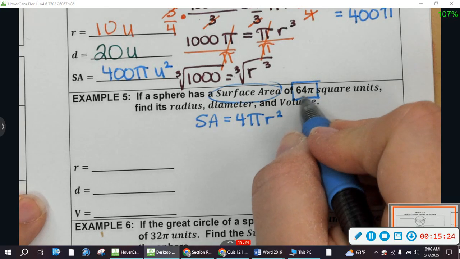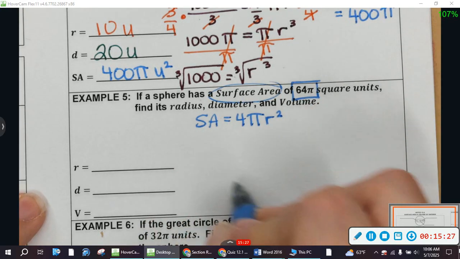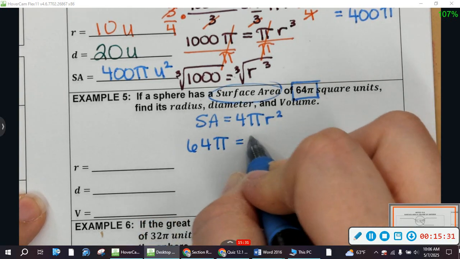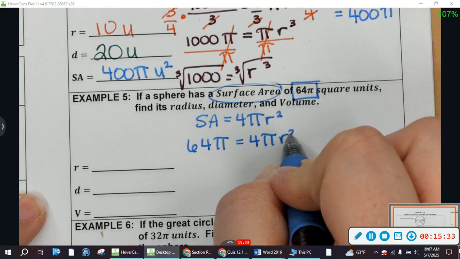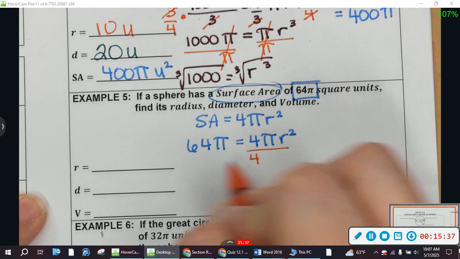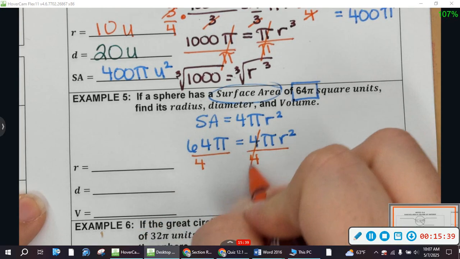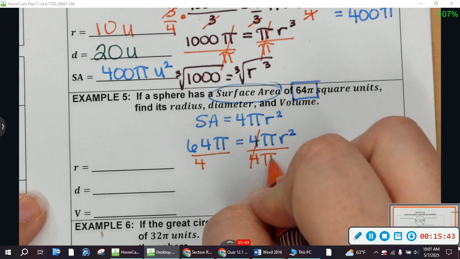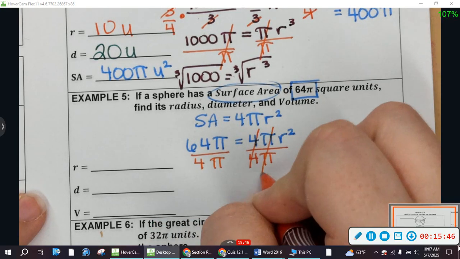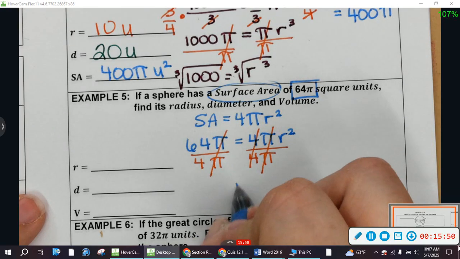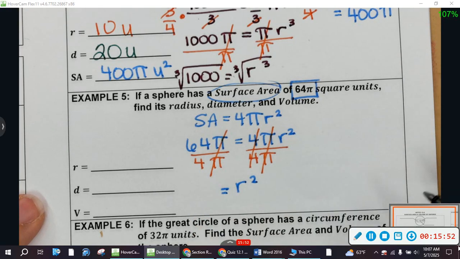So I'm substituting that in for my SA, my surface area. And now I need my radius by itself. So I need to get rid of the 4. But we also have to get rid of the pi, so don't forget about that part. And pi divided by itself simplifies away to 1.